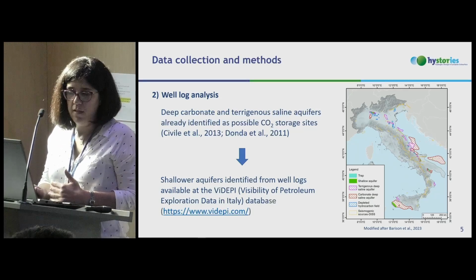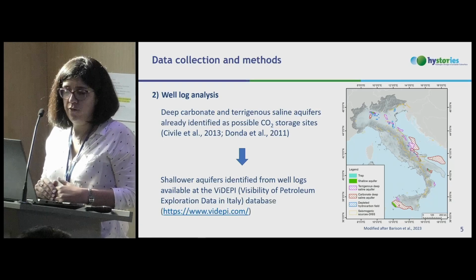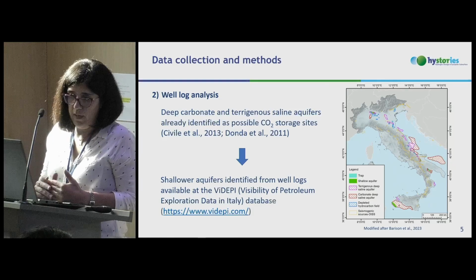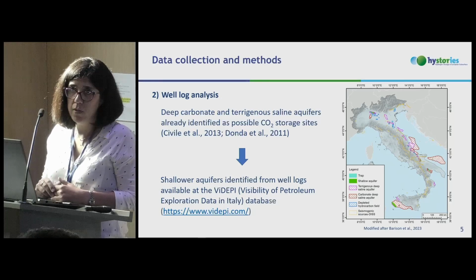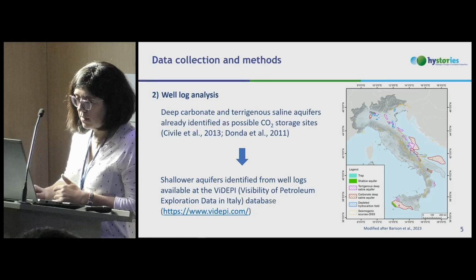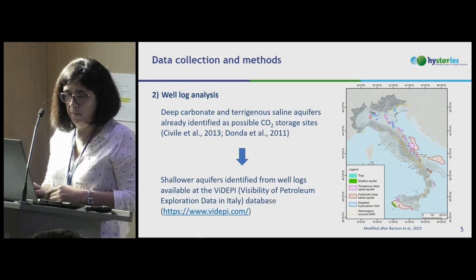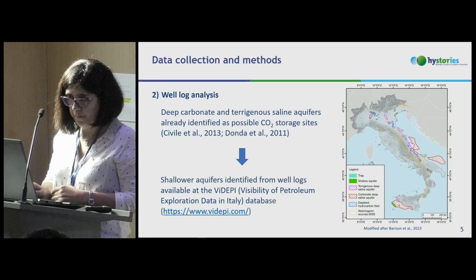The VIDEPI database is an Italian database where information from depleted boreholes or sterile boreholes is collected. In this database, we also have some technical reports and seismic lines, since they were taken from the oil companies that did the surveys for hydrocarbon exploration.